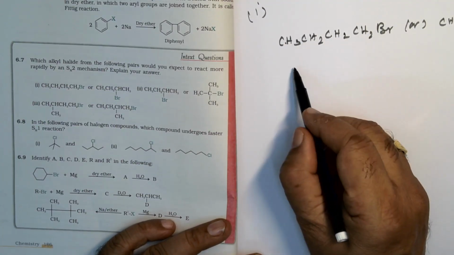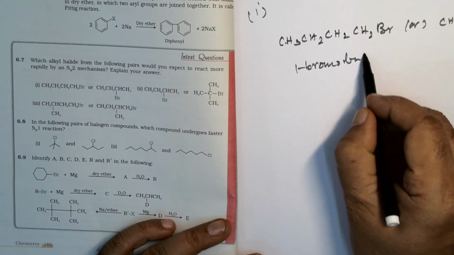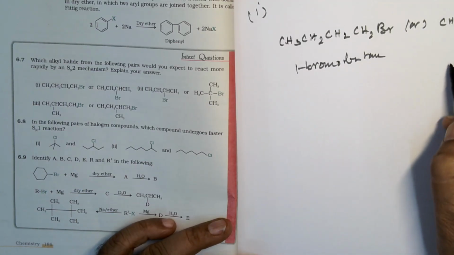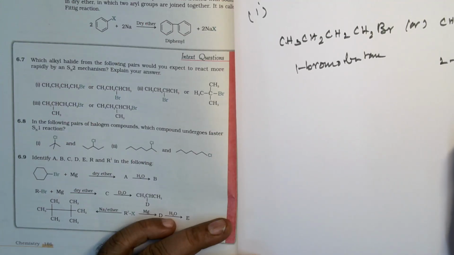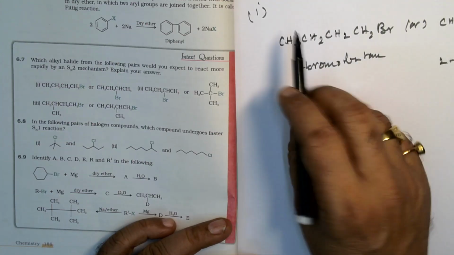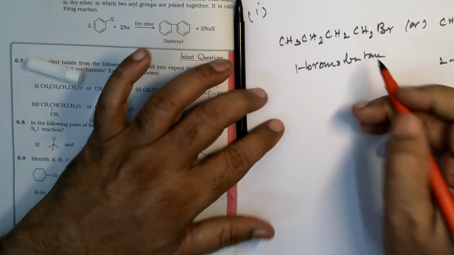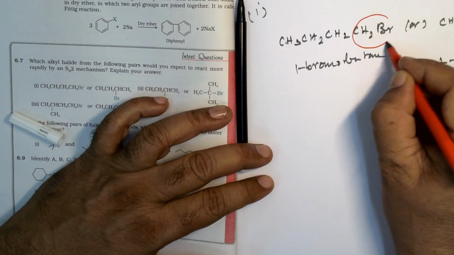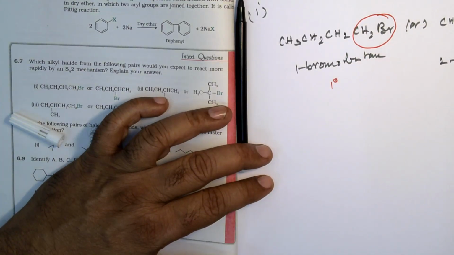Butane, 1-bromobutane, correct? What about this? 2-bromobutane. So, here, what type of haloalkane? Primary, because CH2Br. Whereas here, secondary.